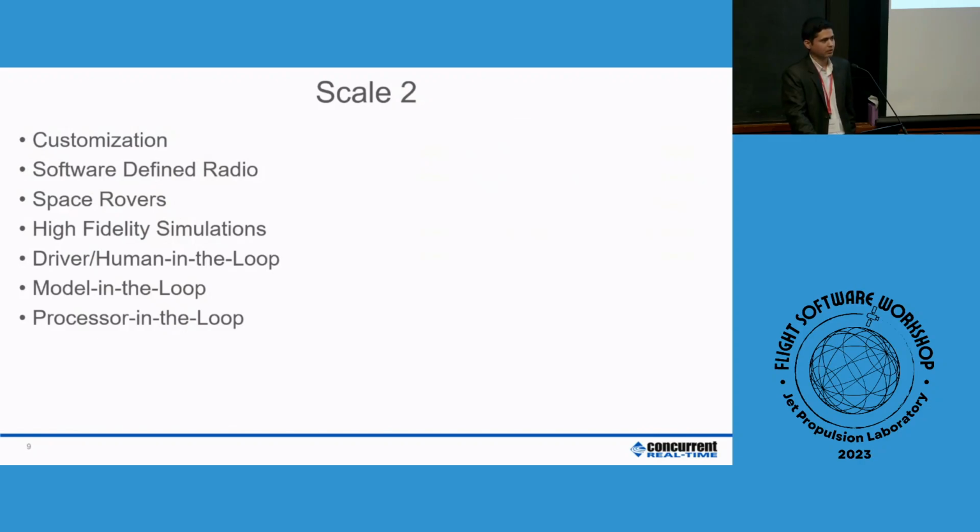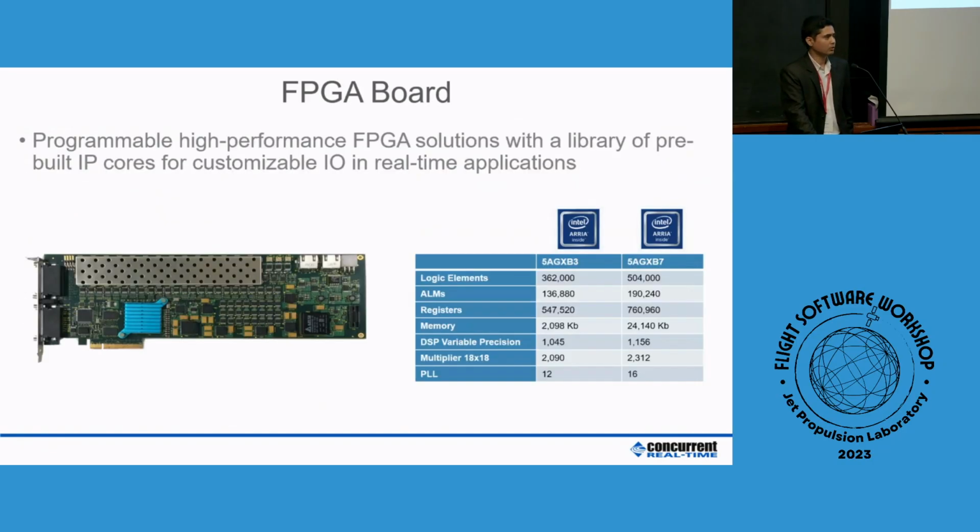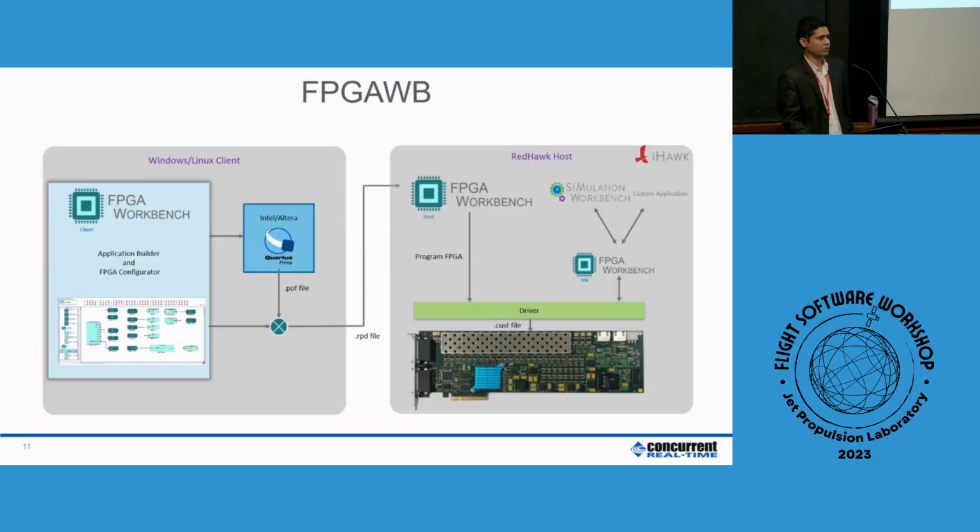X could be a human in the loop, an actual physical model in the loop, or processor in the loop, like I said. And how we solve it, we manufacture our own FPGA boards based on the Intel Arria, and these are highly programmable FPGA boards with multiple IP cores, and you can use our FPGA workbench to simply drag and drop modules that you need. It's very simple.